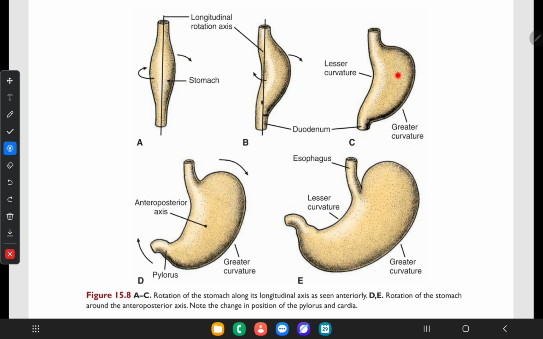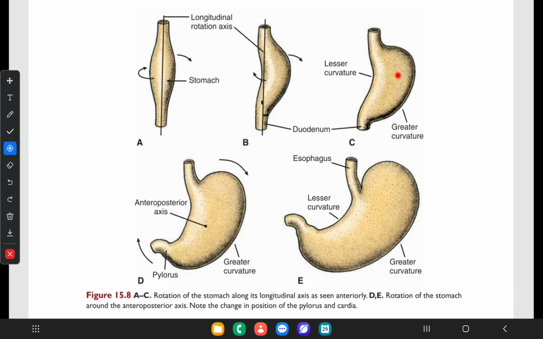During further growth, the stomach rotates around an antero-posterior axis as well. First, it rotates around the longitudinal axis clockwise. Now, it rotates around the antero-posterior axis also.